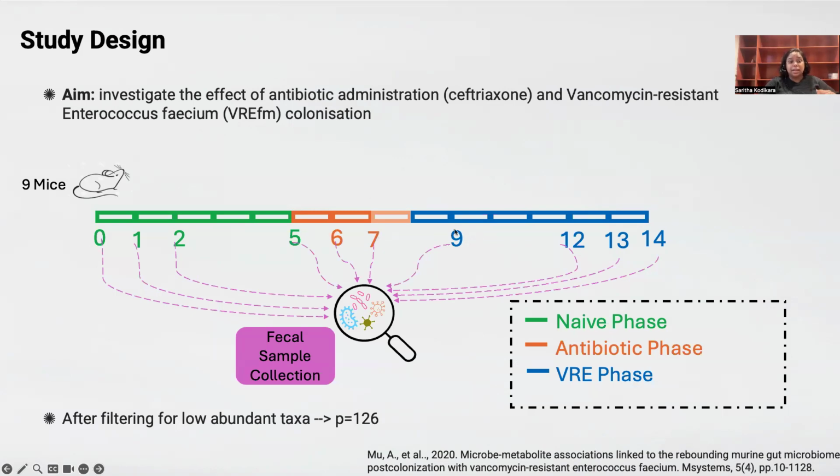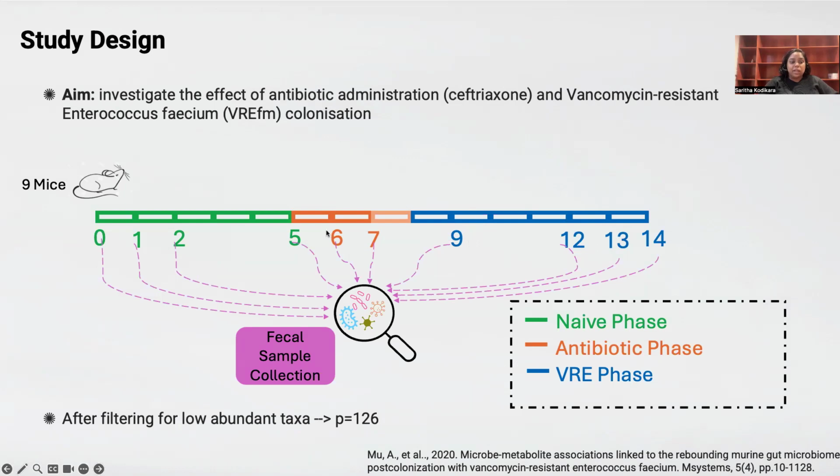On day 9, they are infected with VRE-FM, or vancomycin-resistant Enterococcus faecium, a common pathogen found in hospitals. Then we observe the fecal samples on day 12, day 13, and 14.